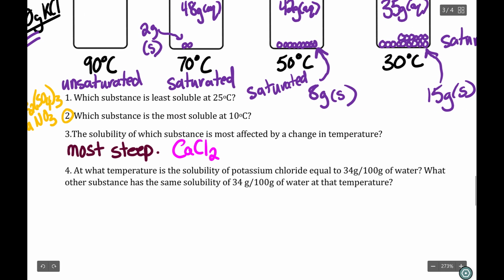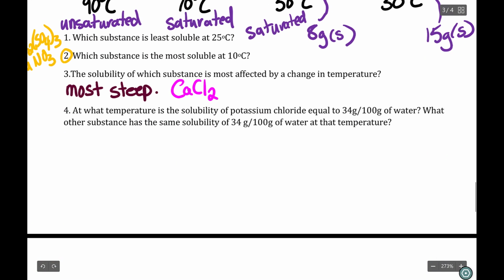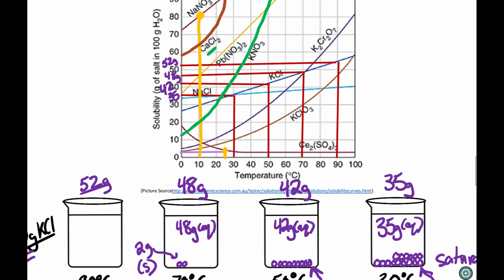Okay, our last one here. At what temperature is the solubility of potassium chloride equal to 34 grams per 100 grams of water? And what other substance has the same solubility of 34 grams per 100 grams of water? Okay, so potassium chloride is the line we were working with.